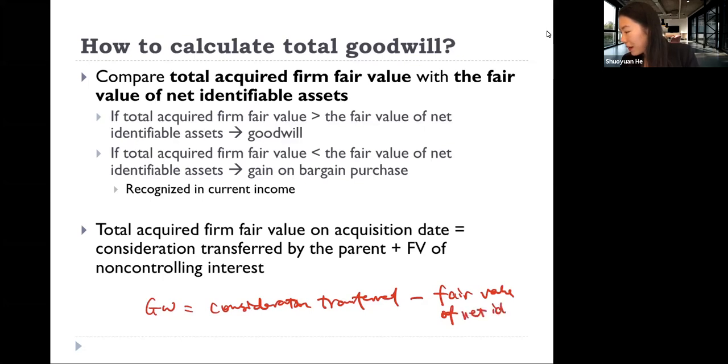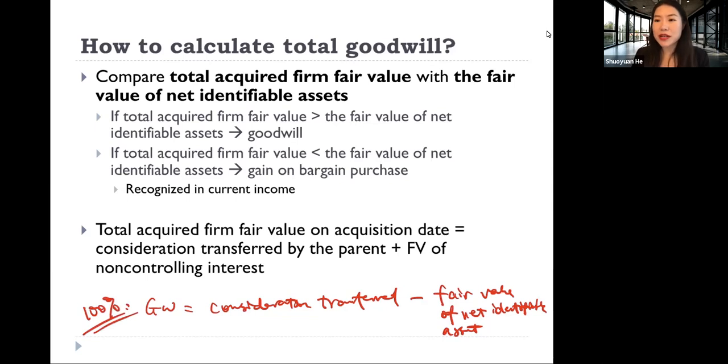So this is what goodwill is, in the situation that the parent has 100% ownership of the subsidiary.